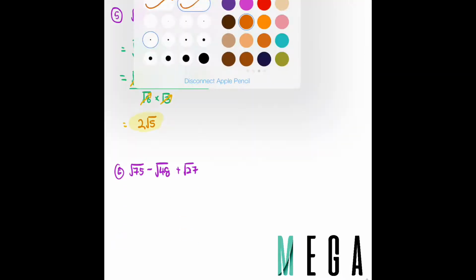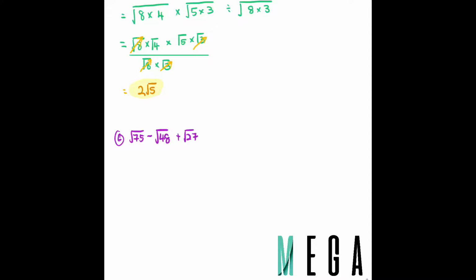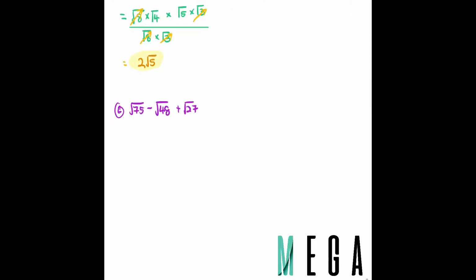Okay, and there goes our last question for today. Surd 75 minus surd 48 plus surd 27. How do we do this? Very simple. I can reduce it into surd 25 multiplied by 3. 48 is basically surd 16 multiplied by 3. And 27 is basically surd 9 multiplied by 3.